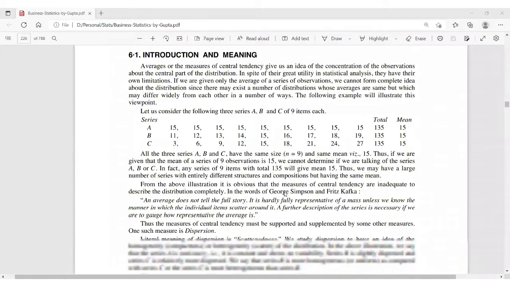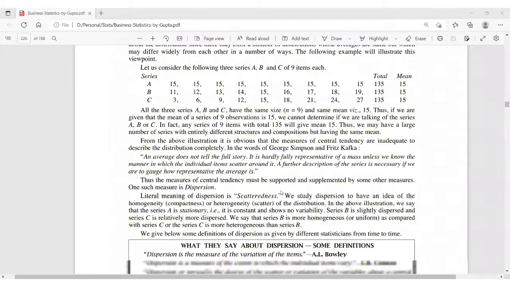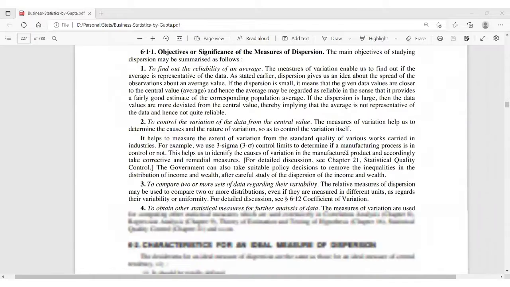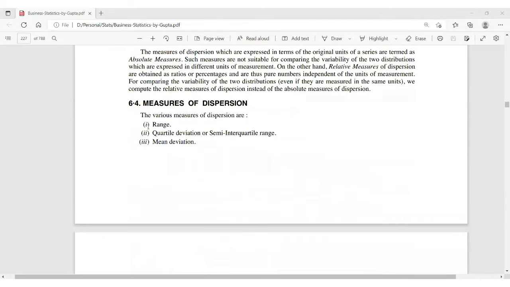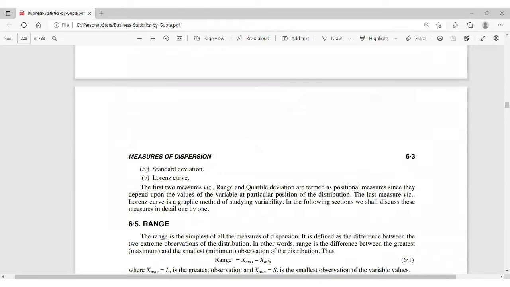This is dispersion. In dispersion, there are different methods: range, quartile deviation, mean deviation, and standard deviation.